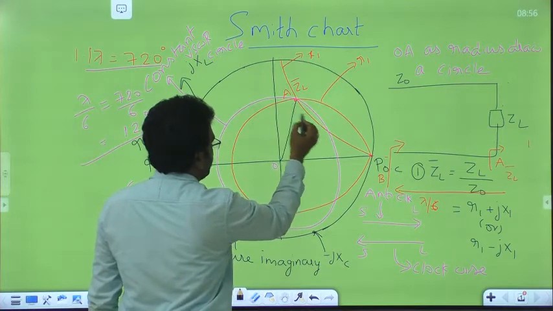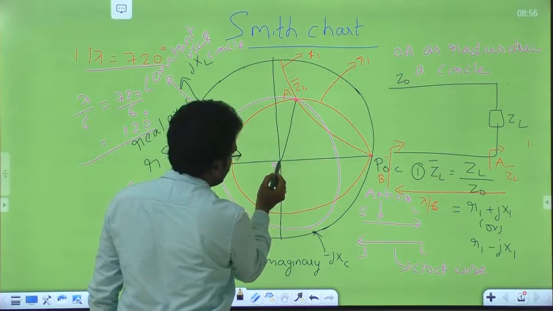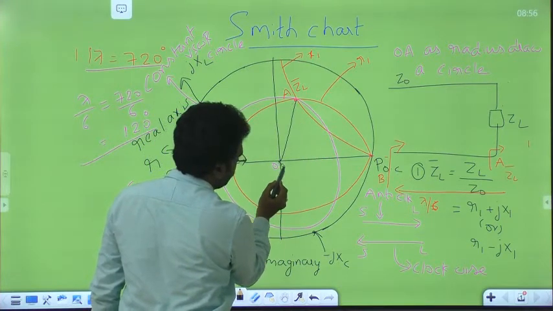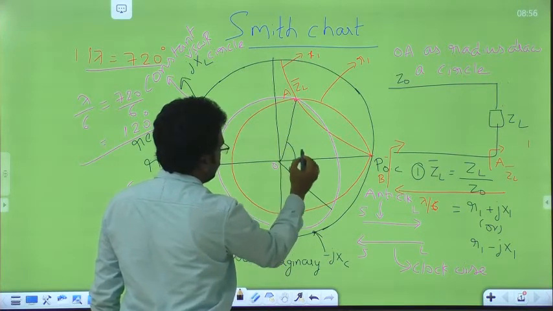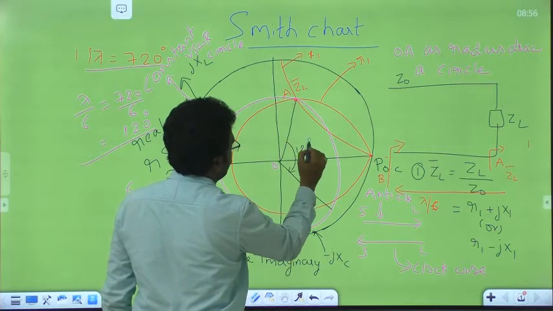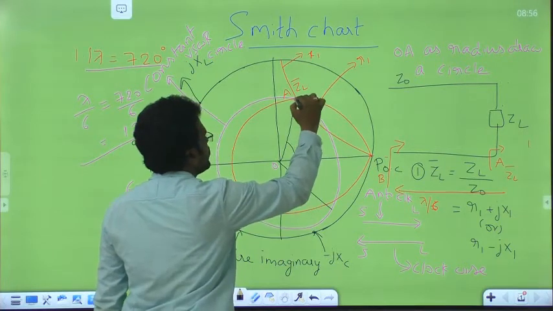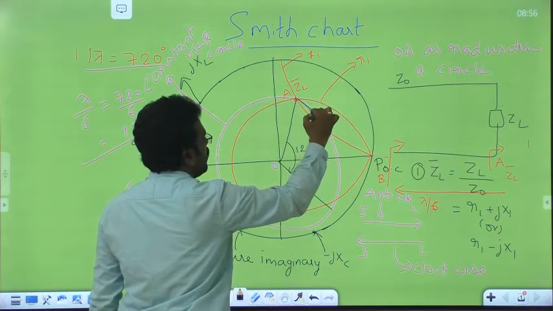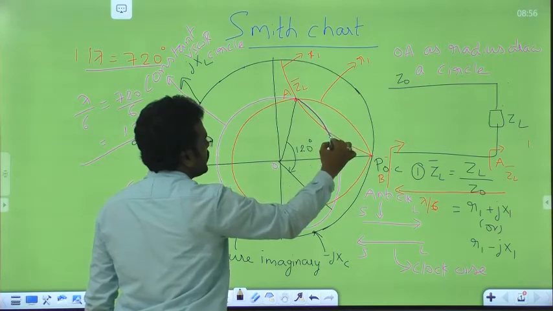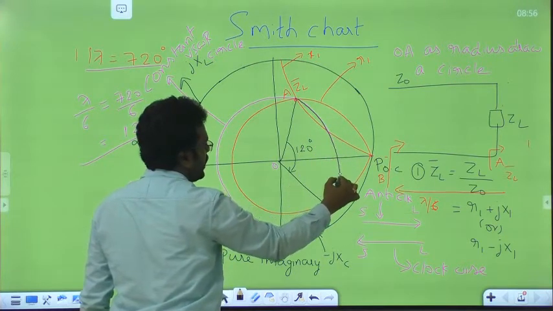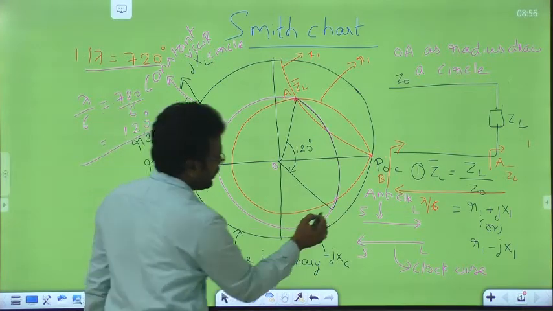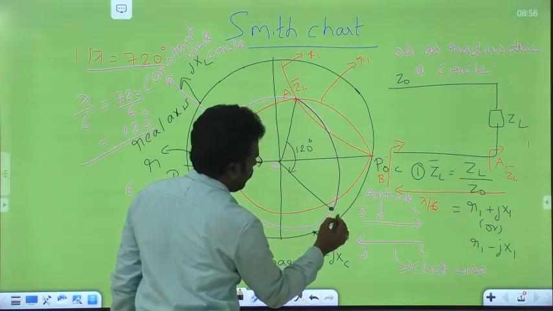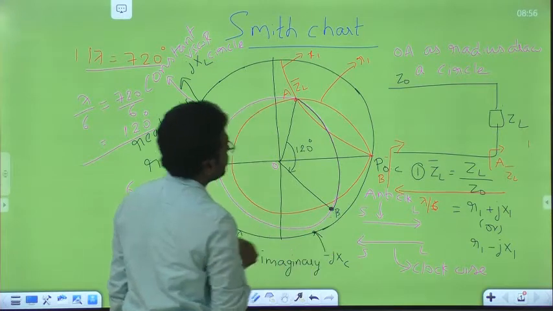I take this as 60 and one more 60 up to here, so this is 120 degrees. Now move from point A on this constant VSWR circle until it reaches 120 degrees. Therefore this point is called the B point.